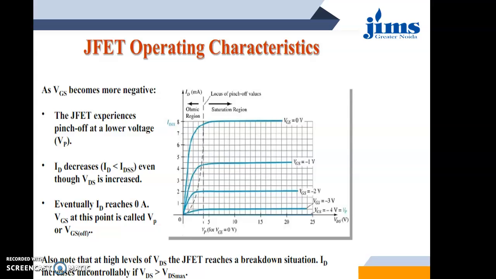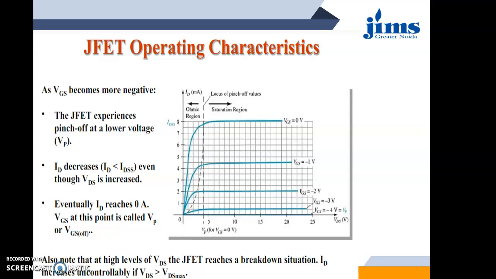Now this is the operating characteristic of JFET. It shows that as the voltage increases, initially the current flows and then it gets saturated at the pinch off voltage, and beyond that, if the voltage is increased further, the current does not increase and remains saturated.